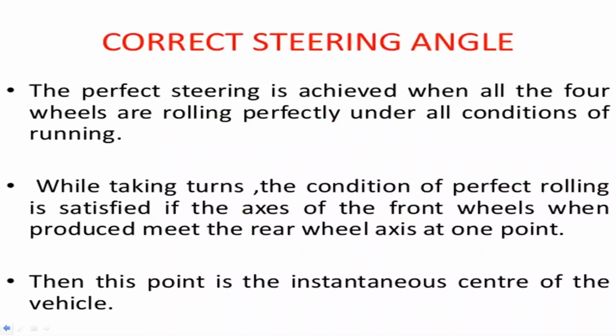You can see what the correct steering angle is. Perfect steering is achieved when all four wheels are rolling perfectly under all conditions of running. When perfect steering is achieved, we can maintain the perfect steering angle. The advantage is that all the wheels of the automobile vehicle roll perfectly under all conditions of running. The vehicle runs on the road in different motions, such as straight motion, turnings, irregular roads, damaged roads and speed breakers.